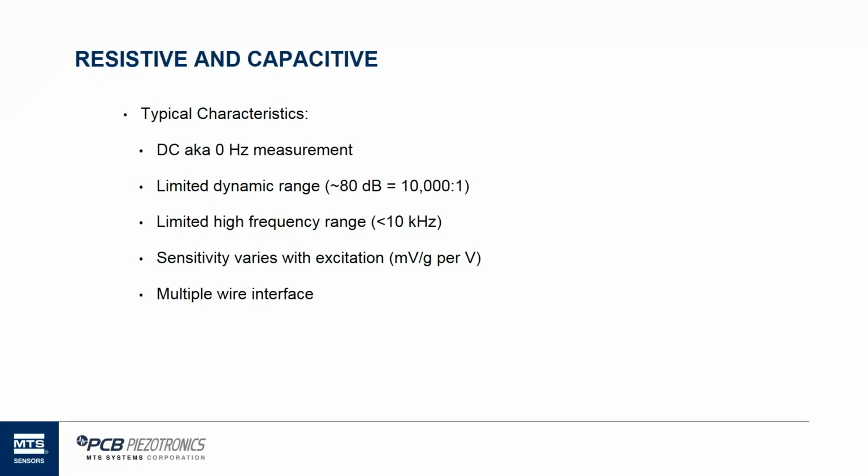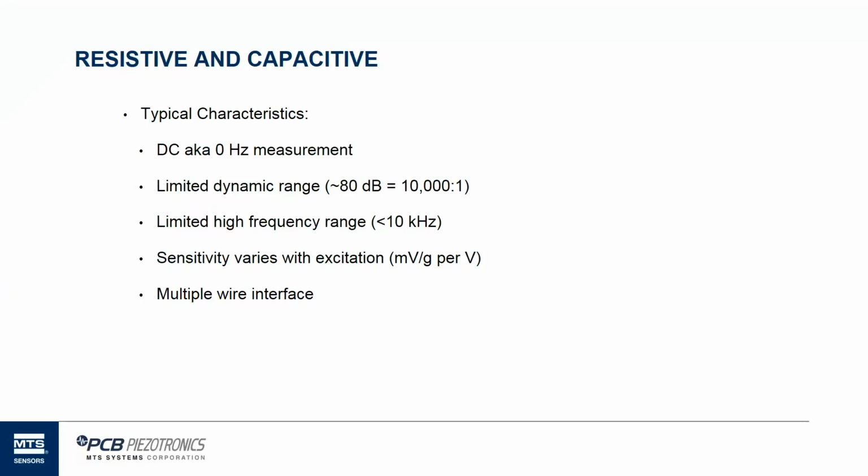You'll see the term millivolt per G per volt, right? So a sensitivity of an accelerometer is expressed in millivolts per G. So we may get 10 millivolts per G, but that's at 1 volt excitation. And if we applied 2 volts of excitation, we would expect to get twice that sensitivity.